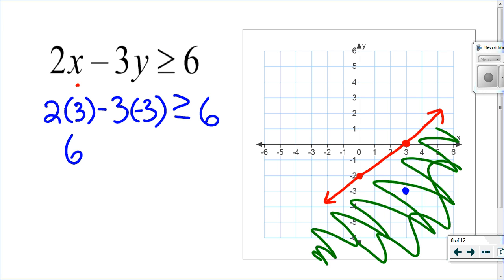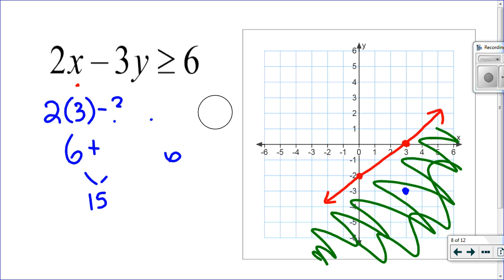And I'm going to make sure that that ends up being a true statement. So here I have 6. I have negative 3 times 3, so plus 9 is greater than or equal to 6. Is that true? Well, yeah, 15 is greater than or equal to 6. So it looks like that point works. That point is in my shading, so it looks like I have shaded in the right place.